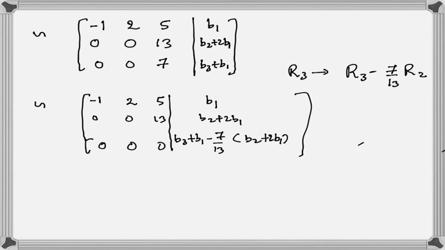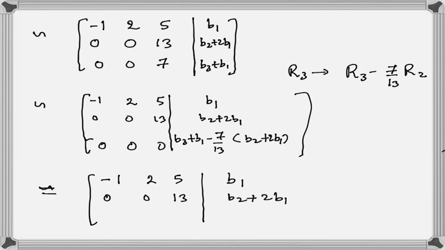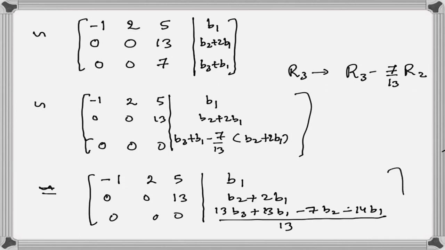So now what do we get? We get minus 1, 2, 5, b1; 0, 0, 13, b2 plus 2 b1; and 0, 0, 0, and this is nothing but 13 b3 plus 13 b1 minus 7 b2 minus 14 b1, divided by 13.